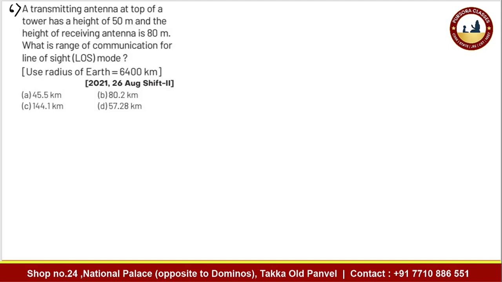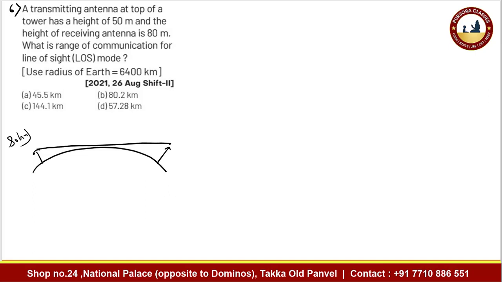A transmitting antenna at the top of a tower has a height of 50 meter and the height of the receiving antenna is 80 meter. What is the range of communication for line of sight mode? Similar to previous questions, one antenna is over here and this is the line of sight mode, this is another antenna.